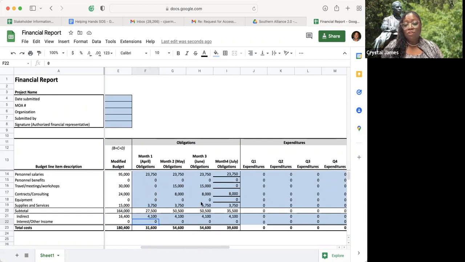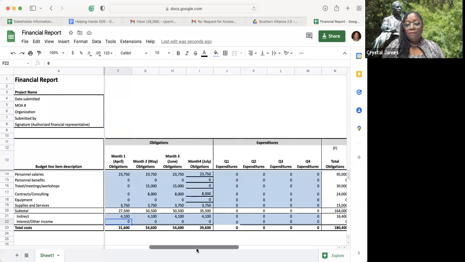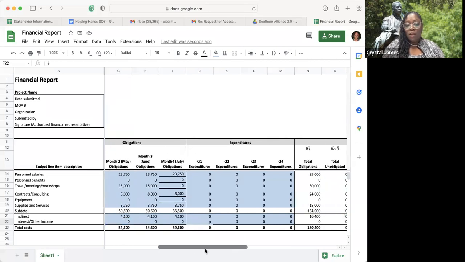But these obligations should be stipulated in the contractual agreements that you have with your contractors, as well as with any locations that you might be paying meeting fees and other workshop fees to. So you should have some documentation to dictate when these should be coming out, as well as how often they'll be getting paid.